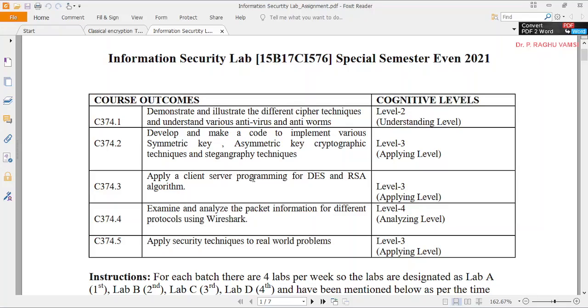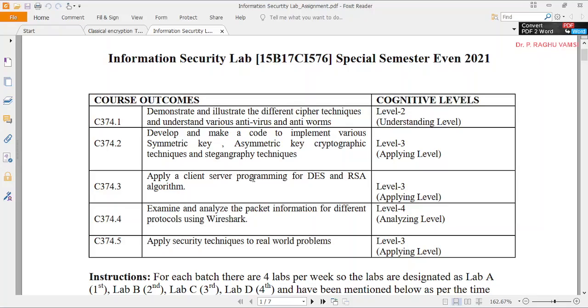Just by passing the data from the client to the server, you are supposed to pass it through the data encryption standard, and whatever result you get is the encrypted form. That encrypted form must be sent to the server, the receiver side. Once the receiver receives the encrypted form, it has to decrypt it using the decryption algorithm.